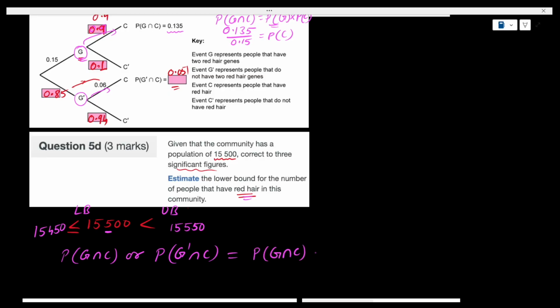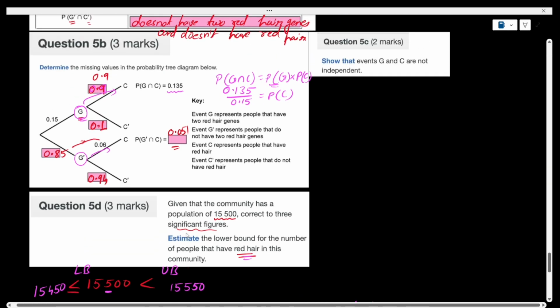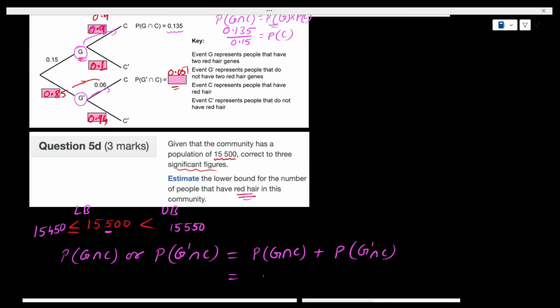So that is going to be this plus the probability of G' intersection C. You have both the probabilities. The value 0.135 plus 0.051. Then if I do this, I'll get 0.186 as the probability of getting red hair.